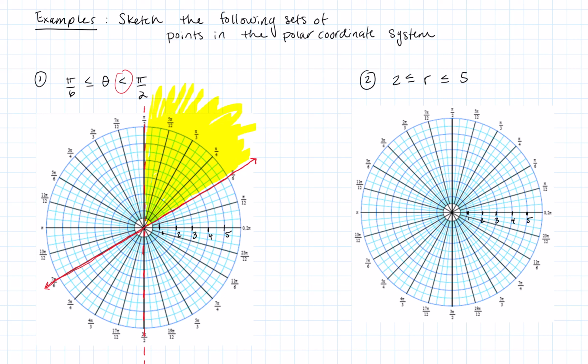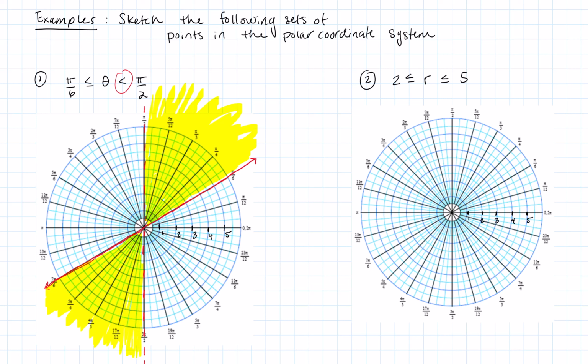That shading continues, so I will leave it that way. And it will also include this segment. So it will include all the polar points that are in my shaded region, including the ray pi over 6, but not including the ray pi over 2. And so that would be the set of points that have an angle between pi over 6 and pi over 2, inclusive of pi over 6.